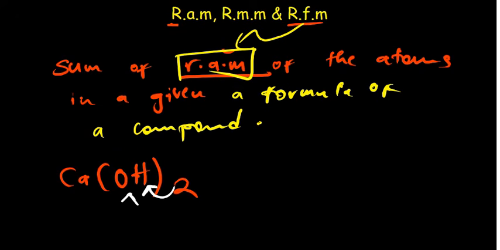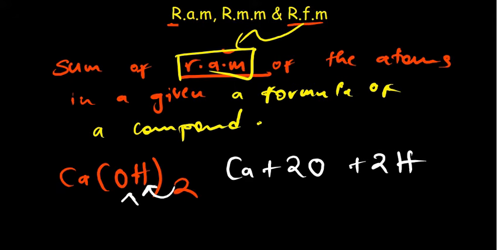So that means that we have calcium plus 2 oxygen plus 2 hydrogens. So substitute their values from the periodic table. Check for the relative atomic mass of calcium, substitute for oxygen and hydrogen as well. So that summation that you're having is what we are calling now the relative formula mass.